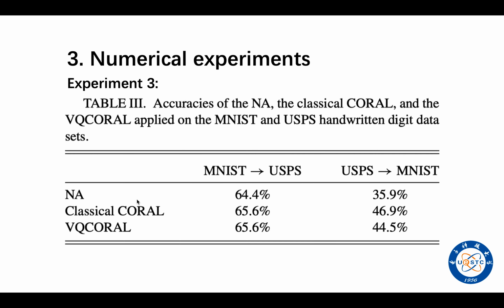For the handwritten digit datasets, namely the MNIST and USPS datasets, the domain adaptation procedure can be implemented by an 8-qubit 16-layer parameterized quantum circuit to achieve comparable performance to the classical CORAL and better than the baseline model.